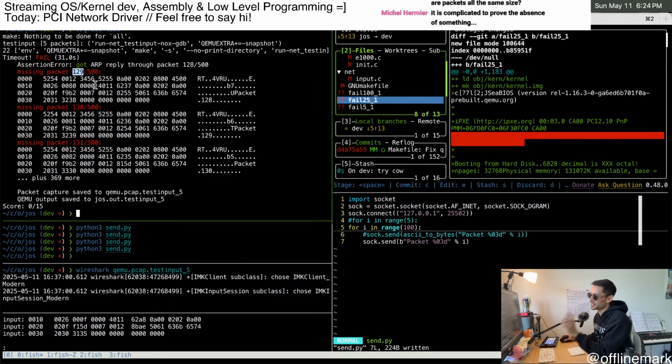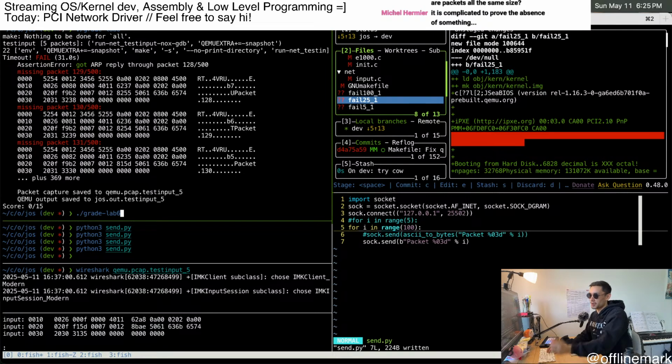128 is the size of the receive ring buffer. So that's kind of suspicious, actually. Let's run this one more time and see if it fails at that same spot.